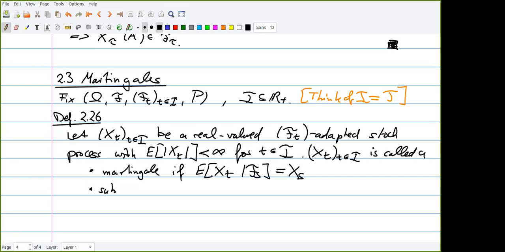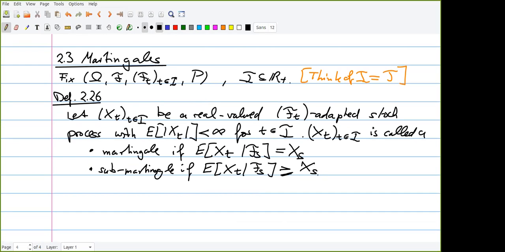And there are different types of games. So there are also sub-martingales, if the market works in favor of us. That means the expectation is that this game goes up.